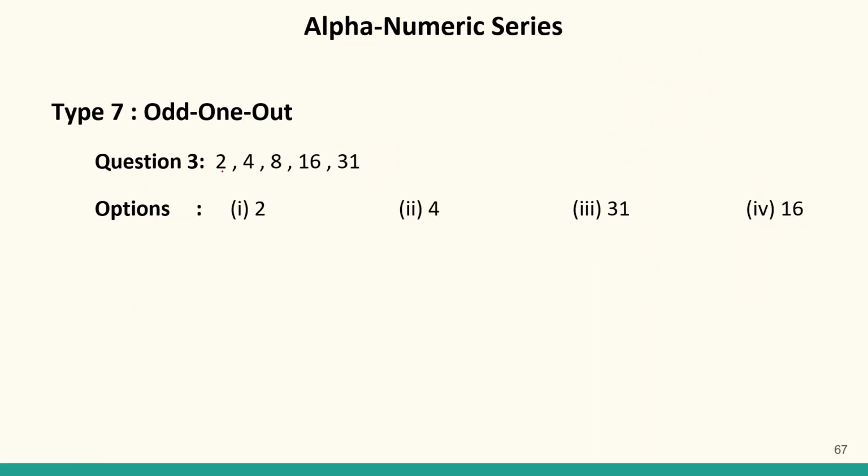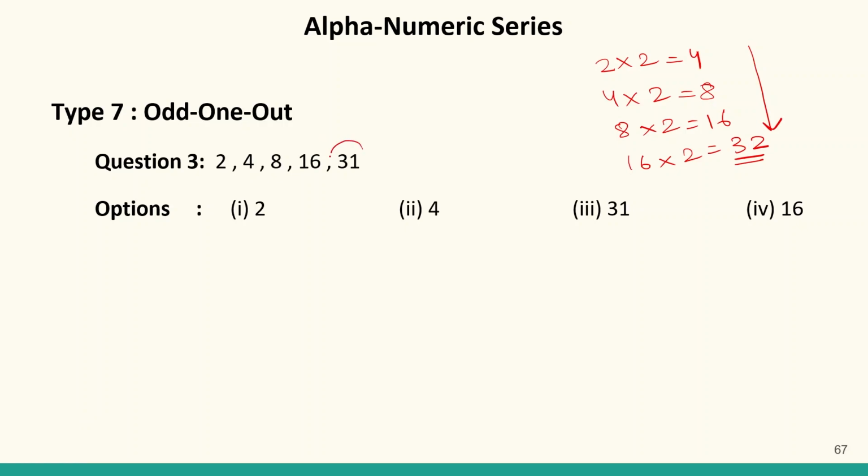Okay. Over here, again, because the numbers are jumping, I assume it is a multiplication series. So 2 into 2 will give us 4. 4 into 2 will give us 8. 8 into 2 will give us 16. So 16 into 2 should give us 32. So this is a logically correct series. But over here we have 31, which looks out of place, which looks odd.